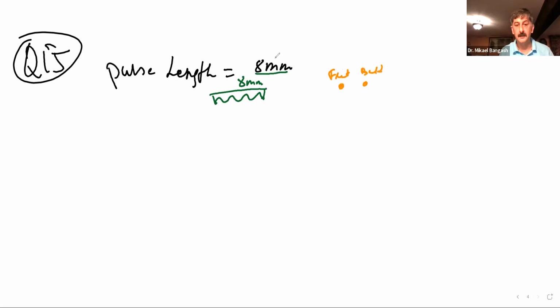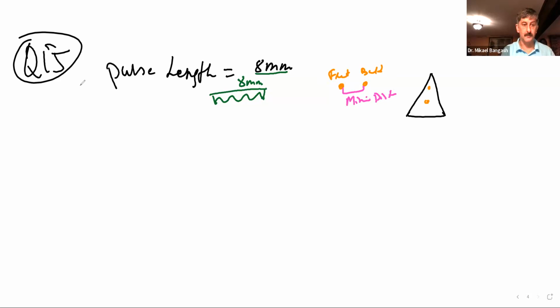So where is the minimum distance that still causes these two reflectors or structures to show up as two structures on our image? The only thing we needed was the half of the pulse length here.